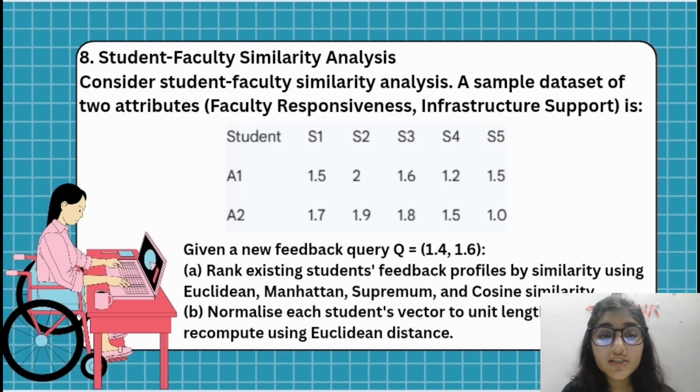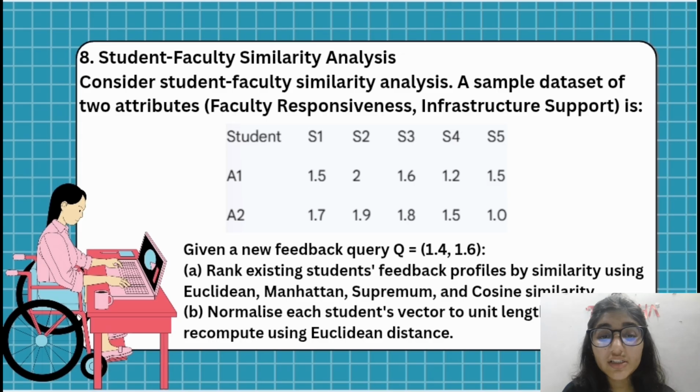Question number 8 is: consider student faculty similarity analysis. A sample data set of two attributes, that is faculty responsiveness and infrastructure support, for students S1, S2, S3, S4 and S5, with attributes a1 and a2, is given below.